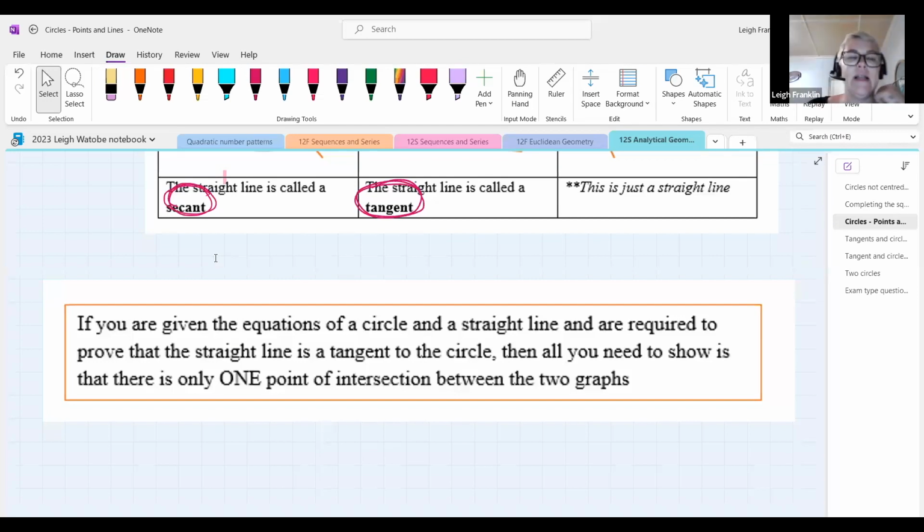Questions like that come up, especially in control tests or assignments. So please make sure that you screenshot that as well. If they ask you to prove that a straight line is a tangent to a circle, you do this by showing that there is only one point of intersection between the two graphs.